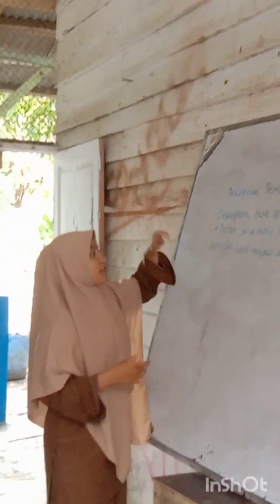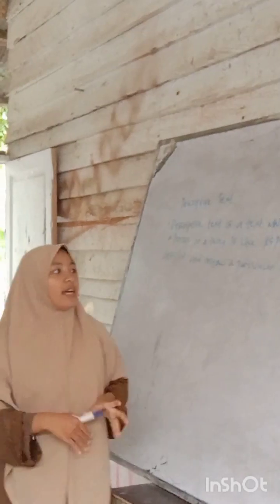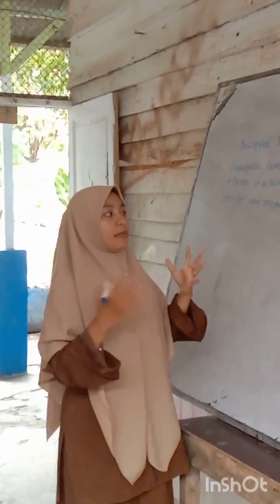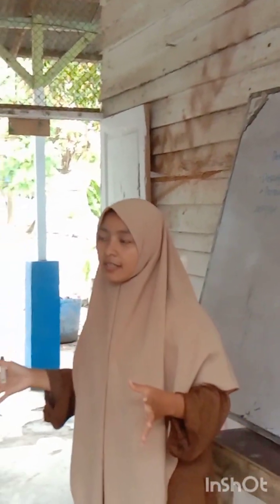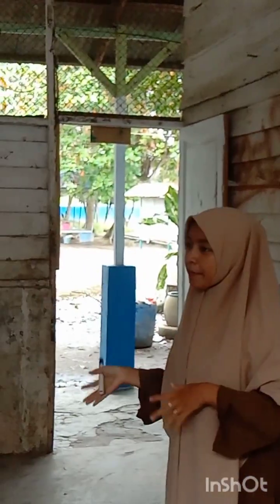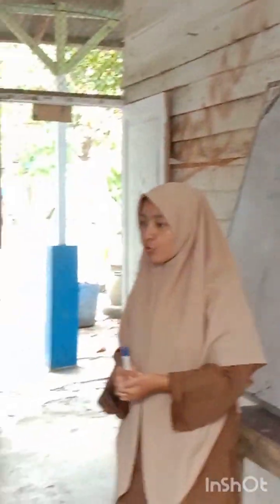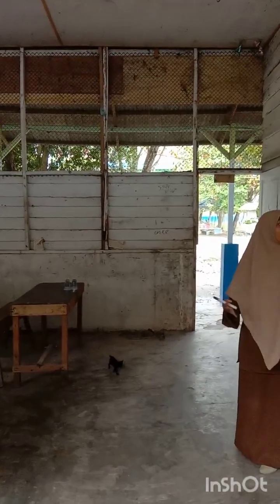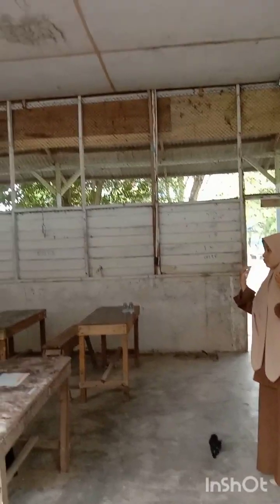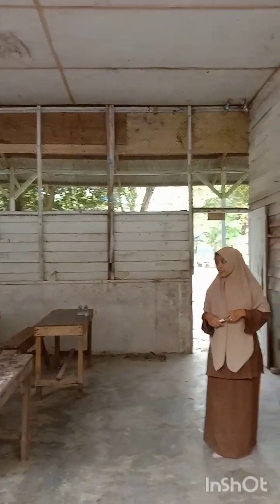Jadi, descriptive text itu adalah yang mana kamu menggambarkan seseorang, sesuatu, atau benda. Kamu bisa menggambarkan benda, contohnya seperti masjid, tempat seperti masjid atau tempat wisata dan segala macamnya. Kalau seumpamanya sesuatu, kamu bisa menggambarkan buku, apa bentuk buku, warna buku. Kalau kamu mau menggambarkan seseorang, kamu bisa menggambarkan ibu kamu, ayah kamu, atau teman-teman kamu yang ada di sekitar kamu. Understand? Yes, Miss.